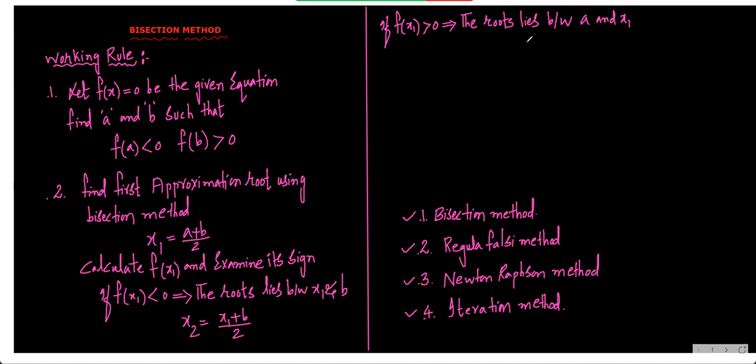Then the second approximate value is obtained by taking the average of these two, (A plus x1) by 2. Then again we substitute x2 in our given function. If it is less than 0, that replaces the first value. If it is greater than 0, that replaces the second value.